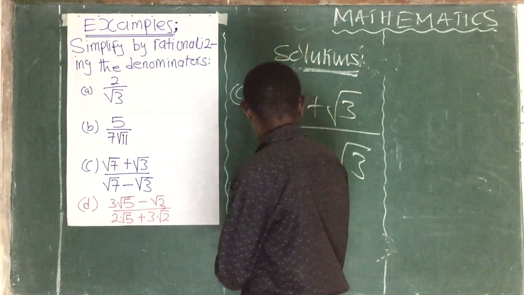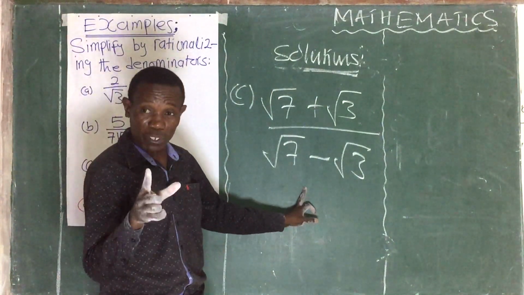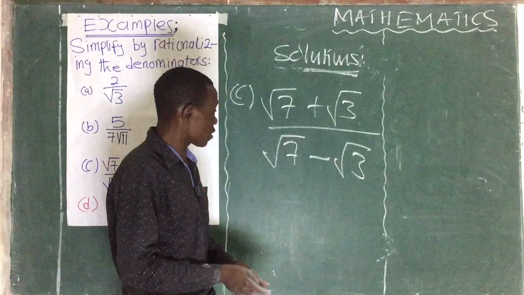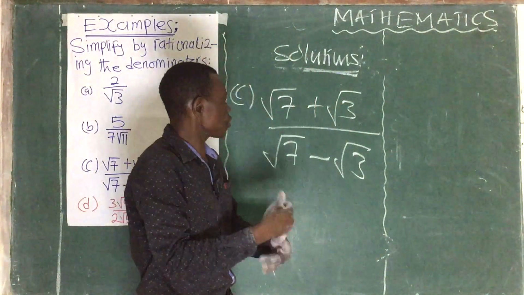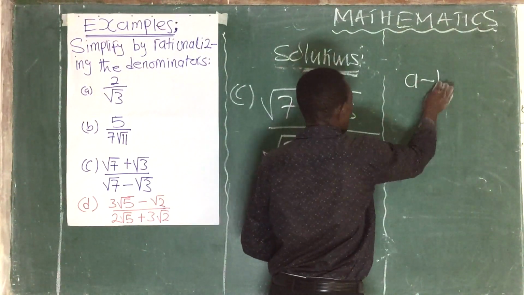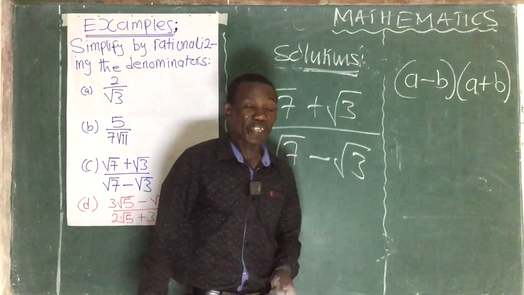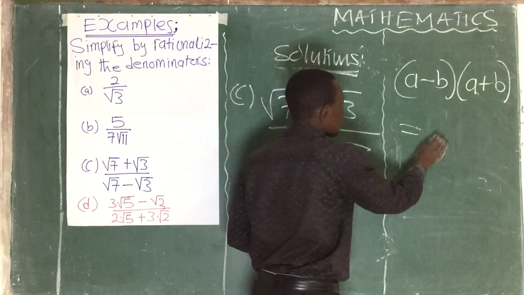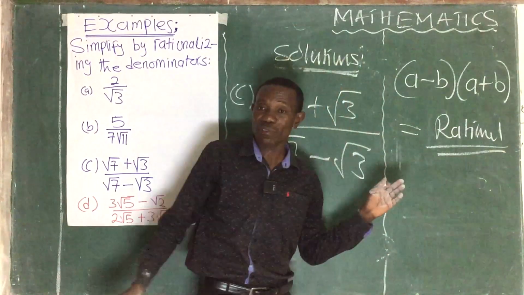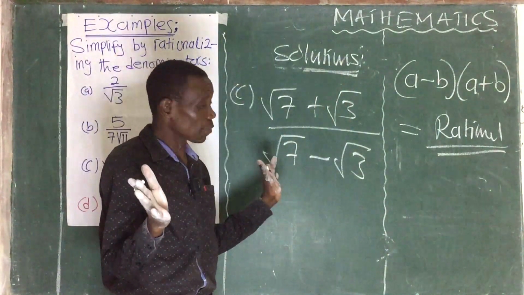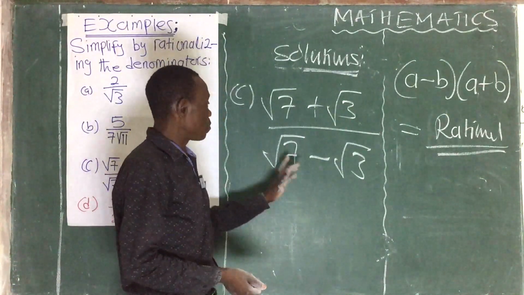But here now, I'll take you into that other form that I highlighted on the board about the difference of two squares, where if I've got expressions in the form of a minus b multiplied by a plus b, the result is always a rational number whenever it comes to surds. So if you remember that, this won't be a problem.